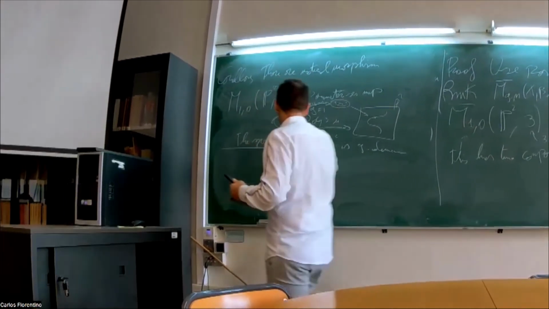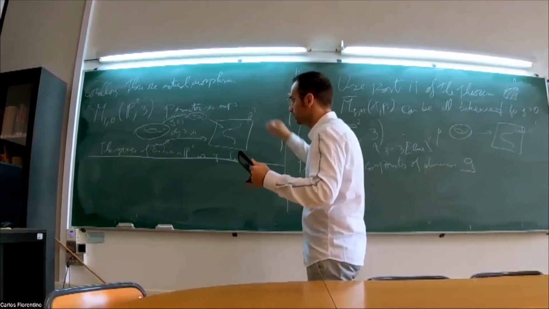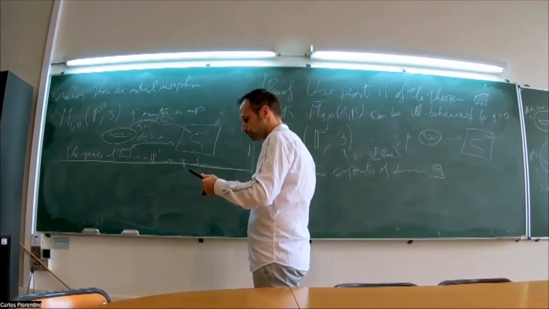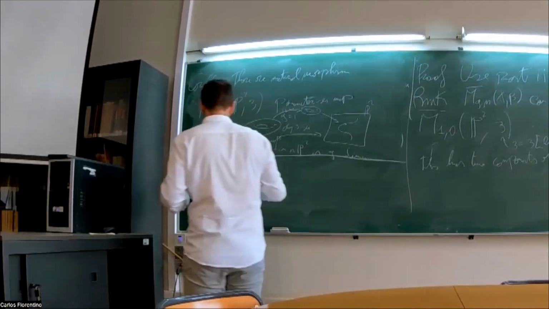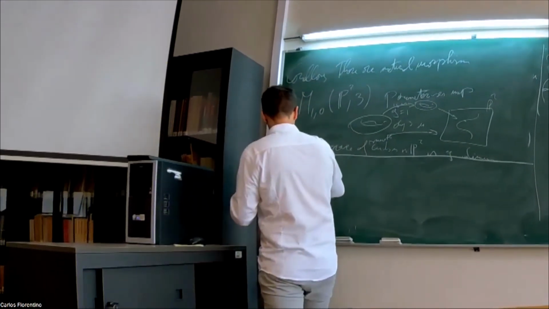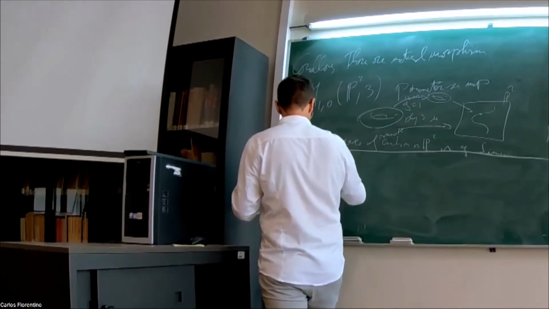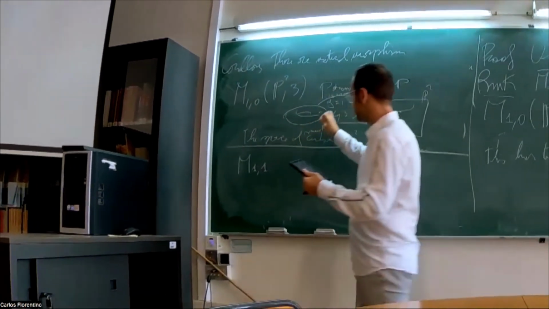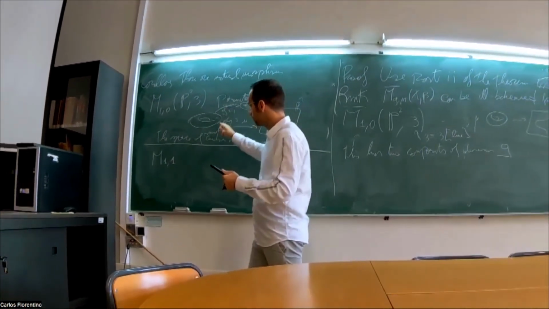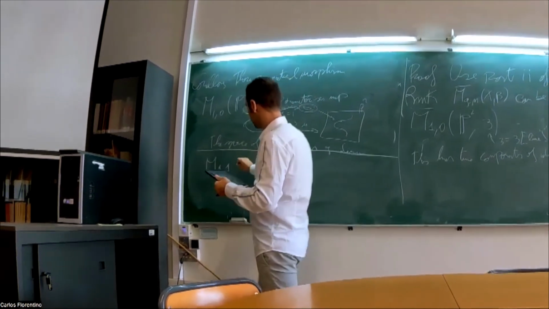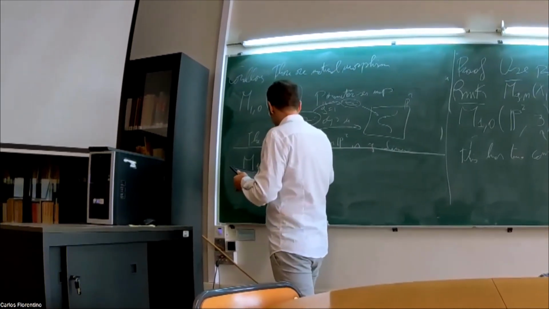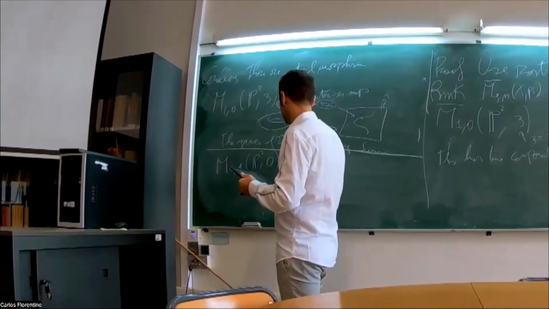But I have another way to construct stable maps. Consider this space, so I have the same space with one marked point and degree 0. So it's contracted.